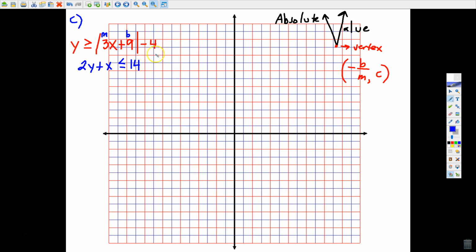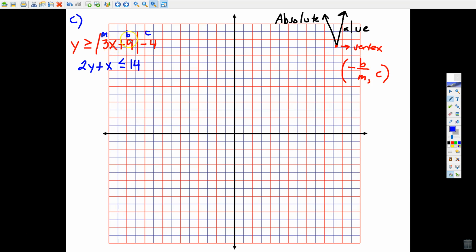And then we've got this number. Sometimes, if there is no number, it's understood to be 0. But in this case, we've got this number outside the absolute value walls, -4, and I'm going to label that as c.